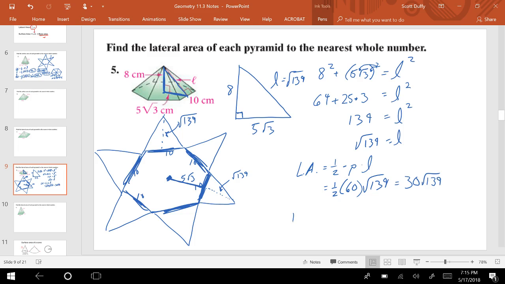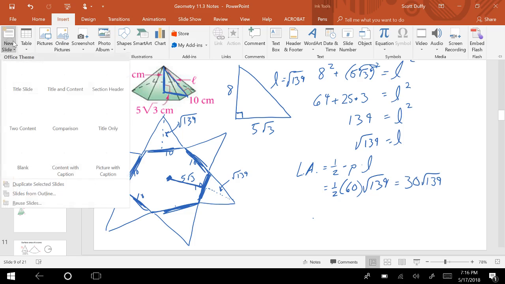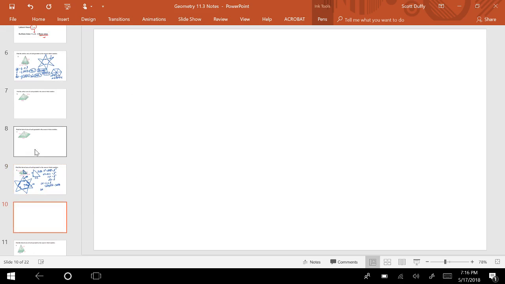Now the base area. This is another regular polygon. No, I'm going to actually draw it in our new slide. Our base is a hexagon.